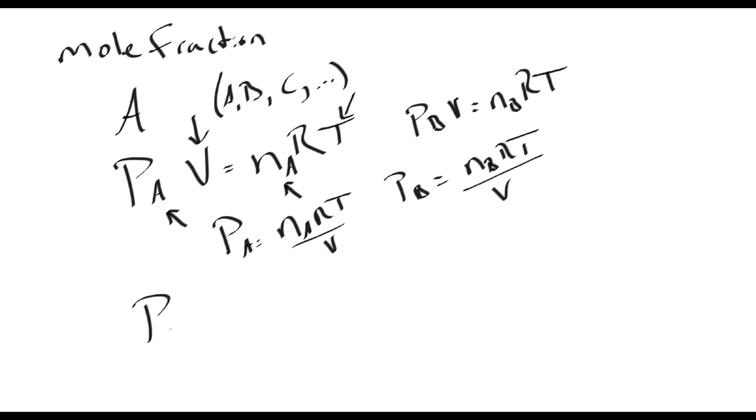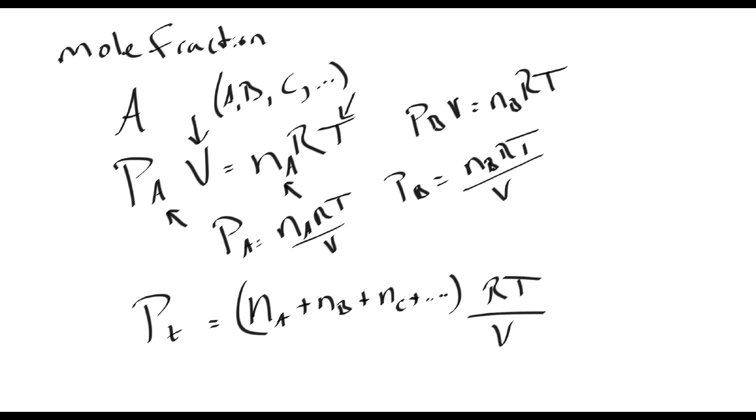So the total pressure inside of our system is just NA plus NB plus NC plus, and so on, times RT over V. Because NA times RT over V is just PA, and likewise PB, PC, and so on.